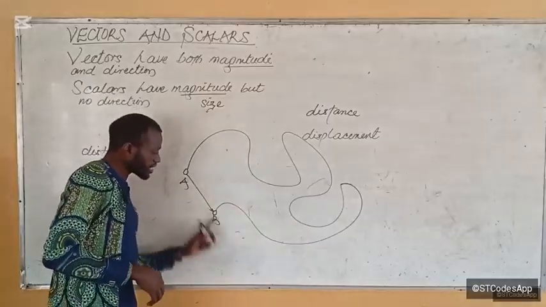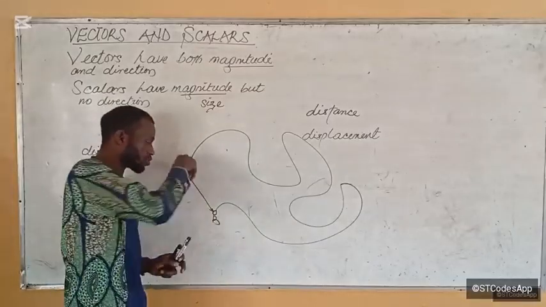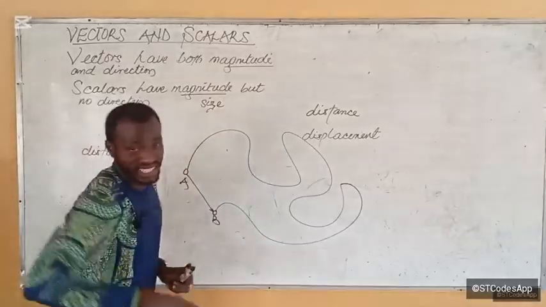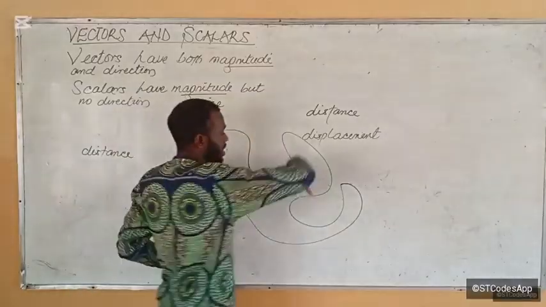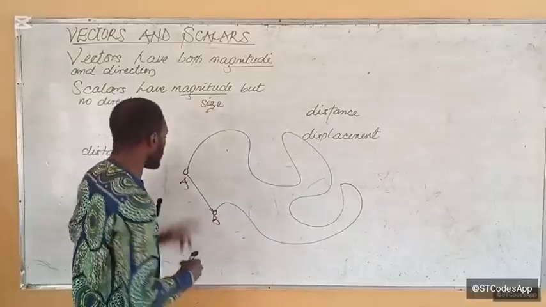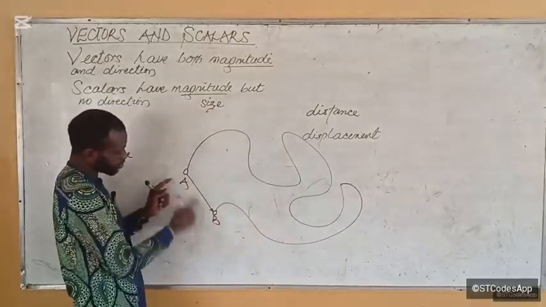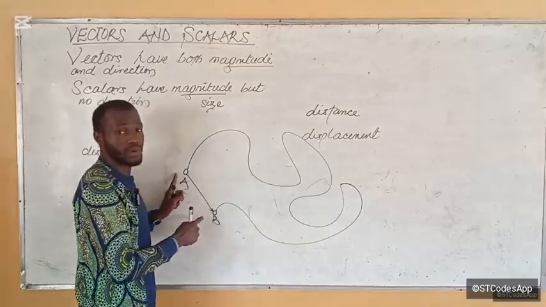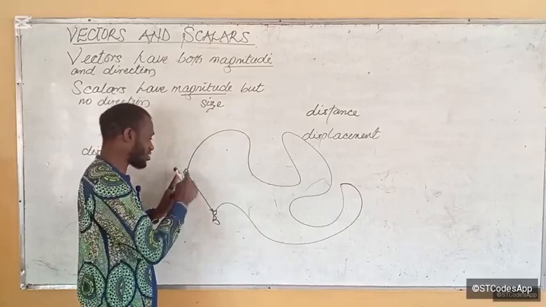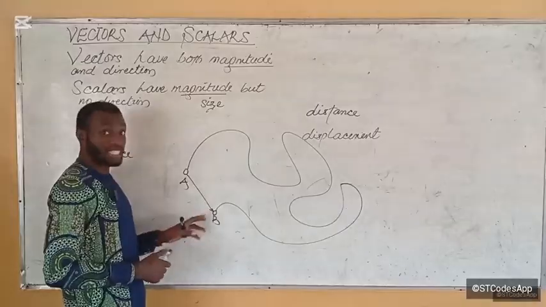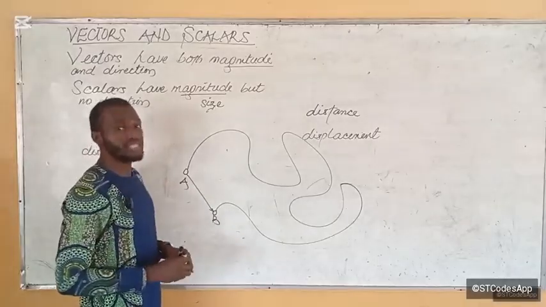It is irrelevant whether it has moved here and here and here before getting here. The displacement of this body is the length of this straight line joining the starting to the finishing point. Does that make sense now? That straight line joining this place to this place, the length and in what direction, is displacement.